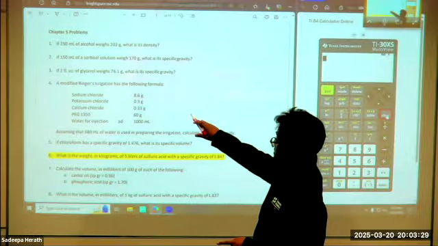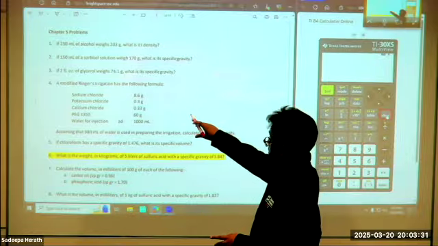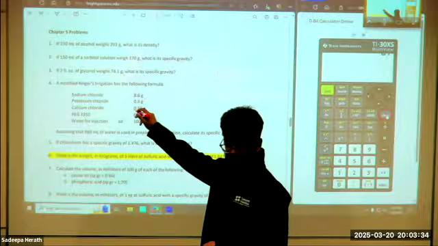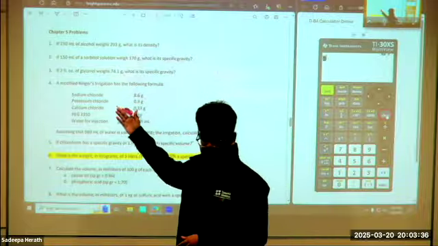So we first need to, we can't do fluid ounces and convert it directly to water. We need to do mLs.